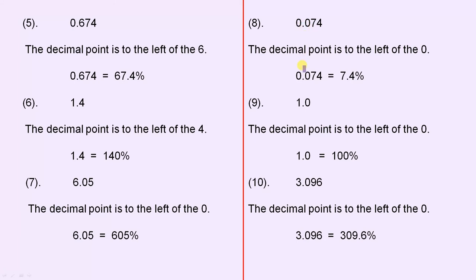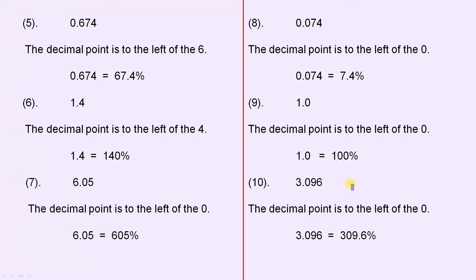Move it 2 places to the right. 1, 2, so we get 7.4%. 1.0, the decimal point is to the left of the 0. So there it is there. Move it 2 places to the right. 1, 2. See here? 1, 2. So that gives you 100%.